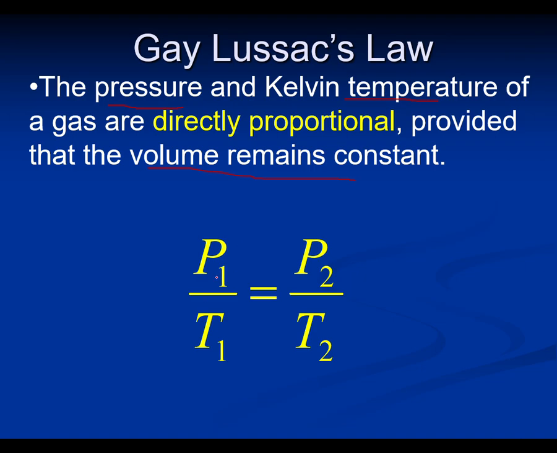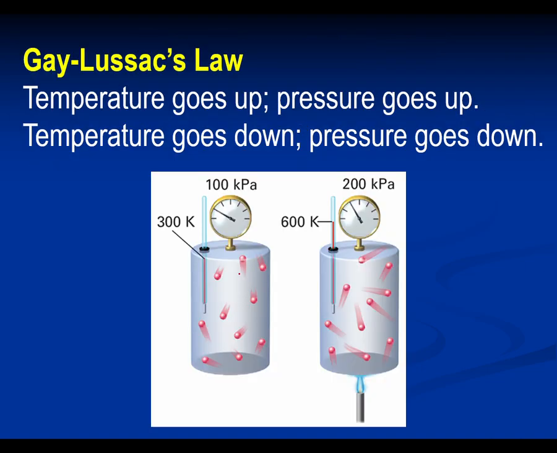This is a direct relationship, just like Charles's law was a direct relationship. As one increases, the other increases. As one decreases, the other decreases. So these two are direct relationships. So you see here, if you heat this up, they start moving faster. Your collisions are going to be greater, and you're going to increase the pressure.